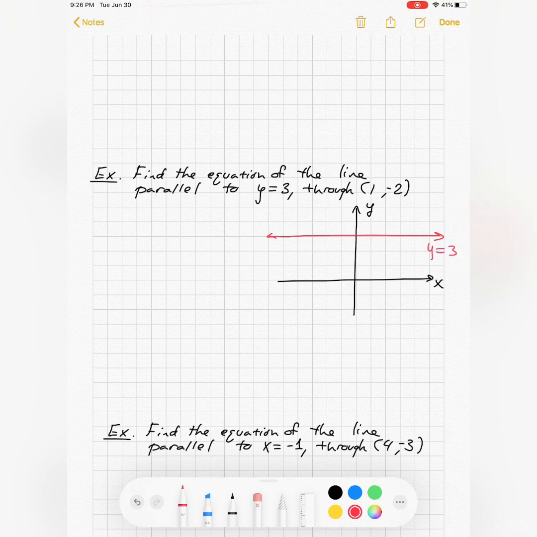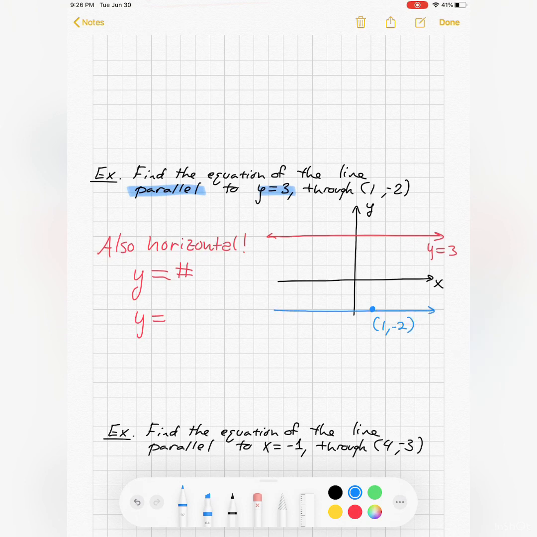So the line I'm interested in must also be horizontal, right? That's the only way it's going to be parallel to a horizontal line. So if it's horizontal, it's y equals a number. The point that I'm interested in is 1, -2. So here's that line. So that's going to have to be y equals -2, isn't it?